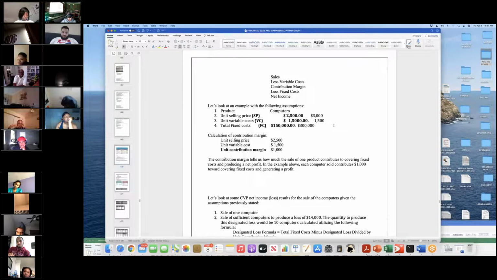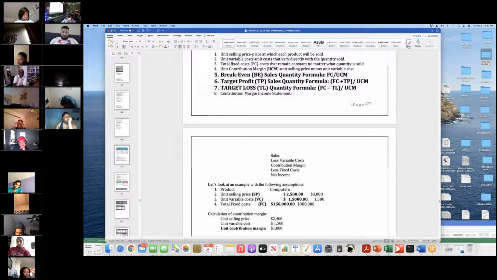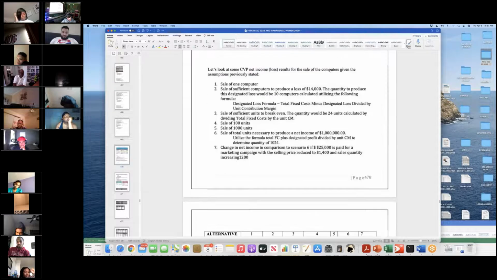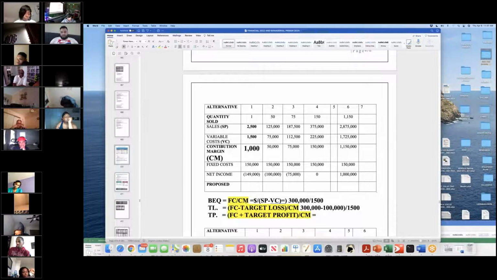Okay, and so we looked at a problem, and what I told you to do, there were 3 formulas. If you work with these formulas, break even, target profit, and target loss, you can determine how much it costs to break even, the target loss, and of course, the target profit.